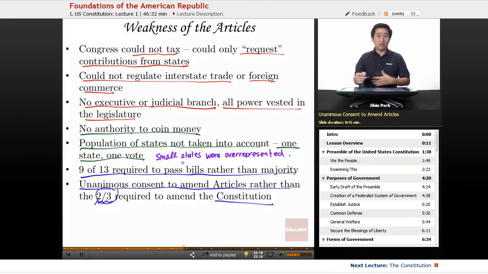So when the articles were basically amended out of existence by the U.S. Constitution, a lot of these weaknesses, the supermajority to pass a bill, the unanimity in order to amend the document, were taken into account when the founding fathers decided, we're going to have a new set of rules to play by. So the weaknesses of the articles served as kind of a jumping point as to what are the things that a stable, thriving nation is going to need.